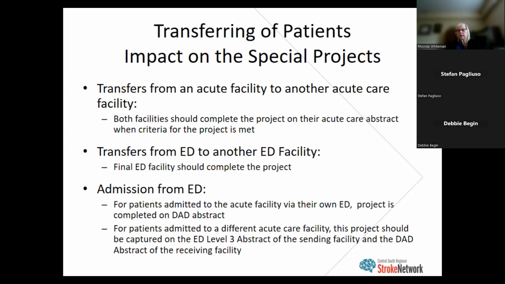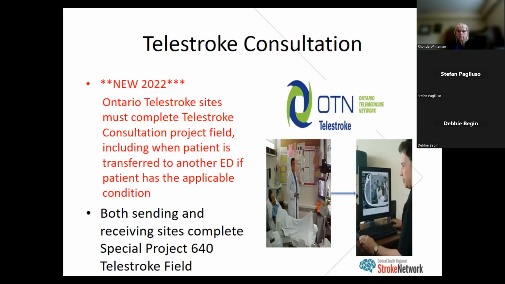If we're transferring from ED to ED, the final facility would complete that, and I will flag there are a couple of caveats. If the patient is admitted from ED to their own facility, it would be in the DAD abstract. If they're admitted to a different acute care facility, the project would be captured on the ED level 3 abstract of the sending facility and the DAD abstract of the receiving facility.